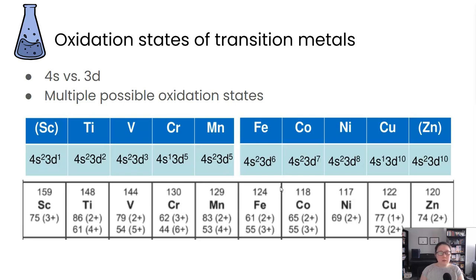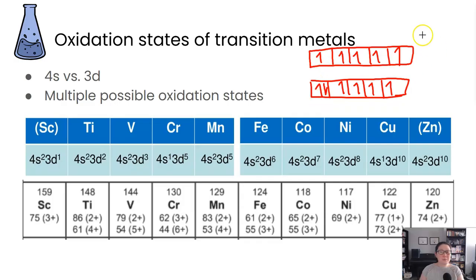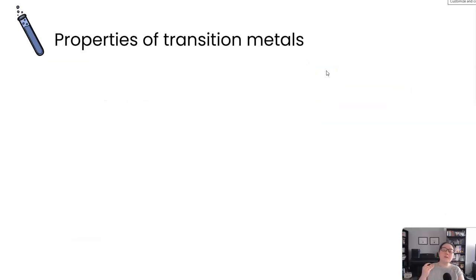Are we looking at a case where you actually have this sort of a situation as opposed to this one, where here if you were taking out an electron, you would be taking it out of this particular subshell, and therefore there is that electron repulsion that happens, which would make that ionization energy a little bit lower, and so on and so forth. So let's move on to talk about a few other properties of transition metals.